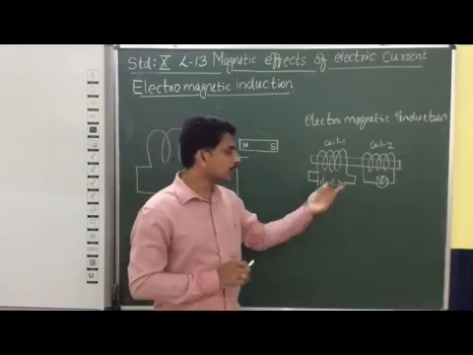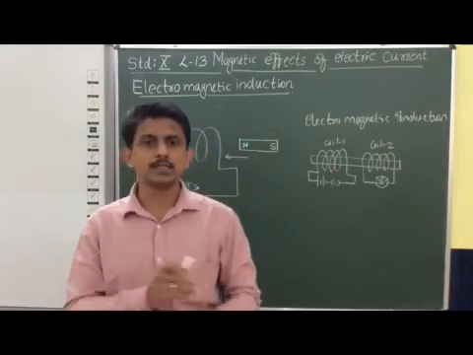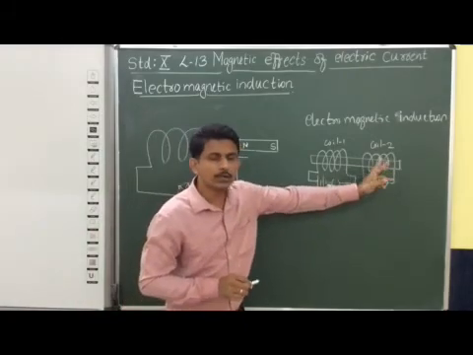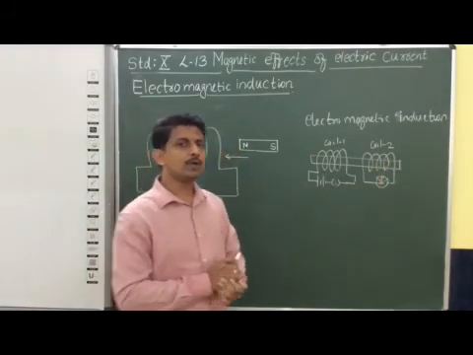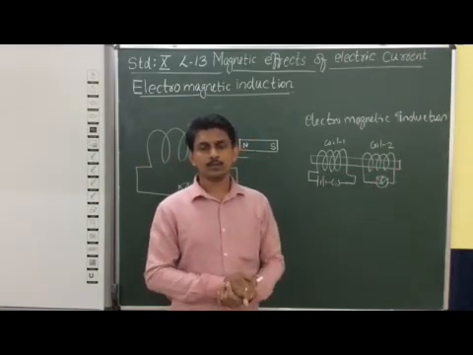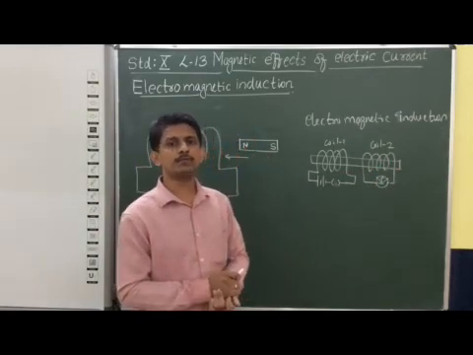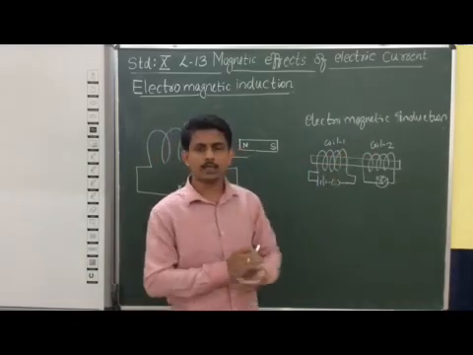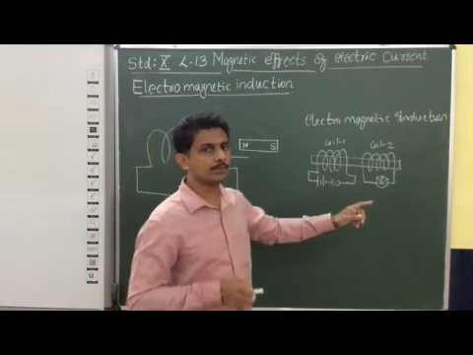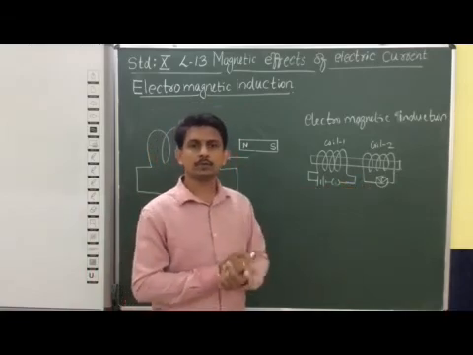Whenever the current passing through the first coil changes, the magnetic field linked to the second coil also changes. Therefore, an EMF or a current is induced in this coil. This phenomenon of inducing EMF in this coil is called electromagnetic induction. So this is another method of inducing EMF in this coil.